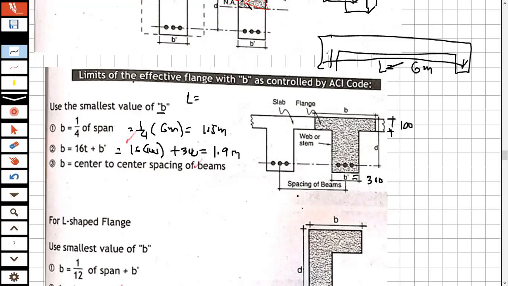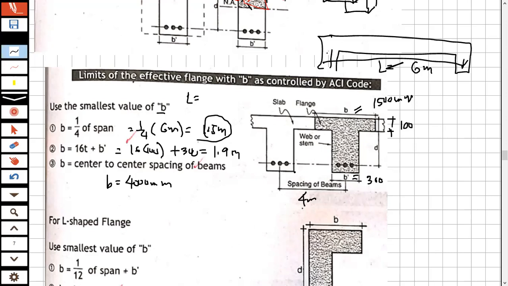Usually halimbawa, spacing natin is mga 4 meters din halimbawa, or maybe 3 meters. So this is 4 meters or let's say 4,000 millimeter. Among these three, we choose the smallest value of B. Obviously, ito yung smallest value. So we consider the width of the flange equals to 1,500 millimeter. This is our consideration in analysis for the T-beams.